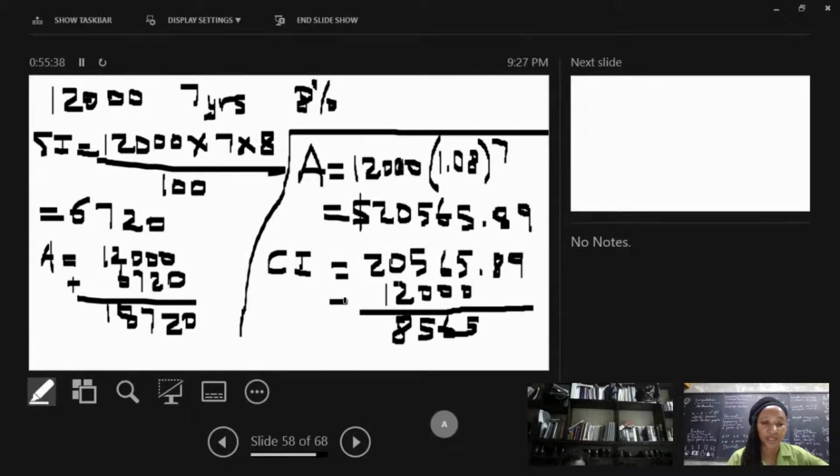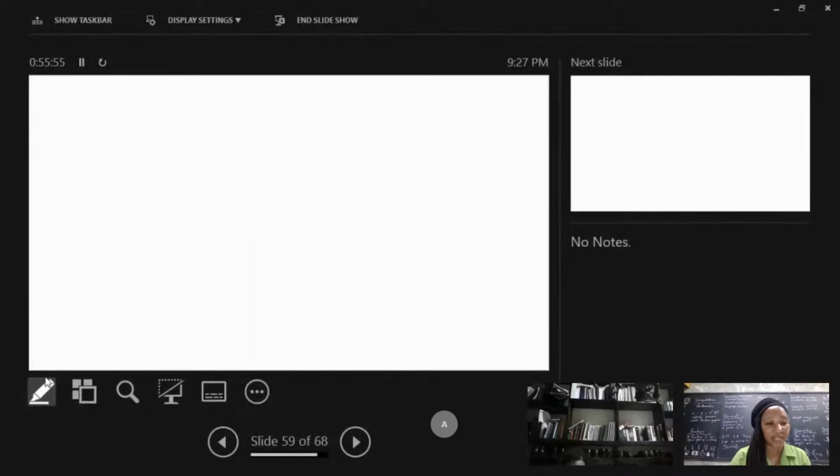All right, compared to the $6,720, right? Yes, miss. Okay. So we can see, it's demonstrated, we have shown the difference. Compound interest definitely gives you a good run for your money.